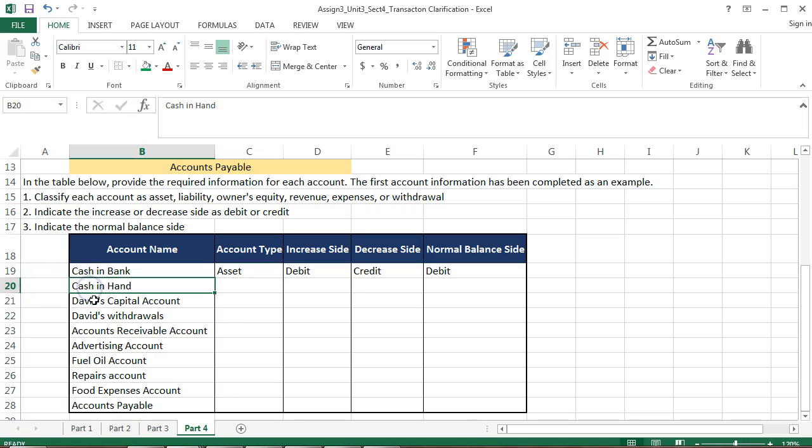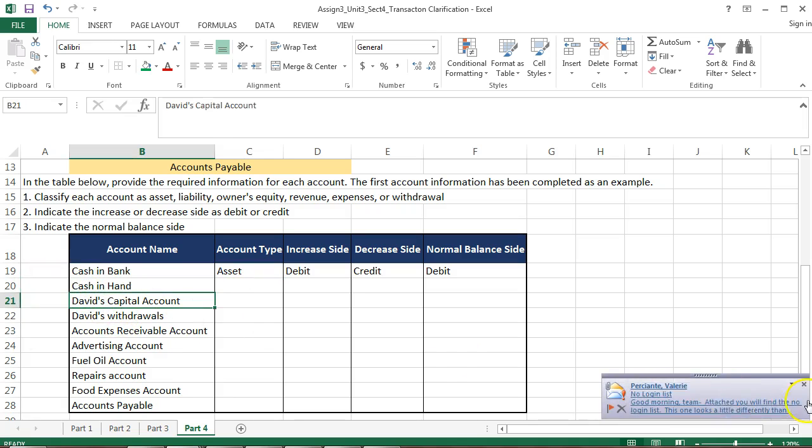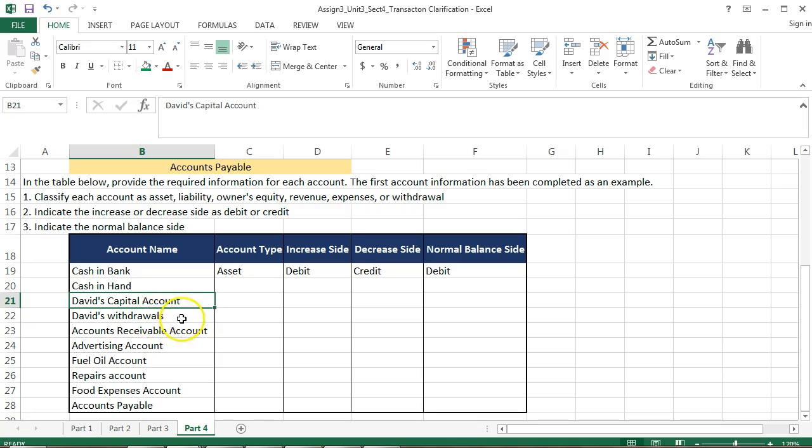Cash in hand should be pretty easy. David's capital, David's withdrawals, that's kind of a clue in itself. Accounts receivable, advertising account, fuel oil account, repairs account. So you need to look at these as money going out, right? We're paying for advertising, we're paying for fuel, we're paying for repairs, we're paying for food expenses.